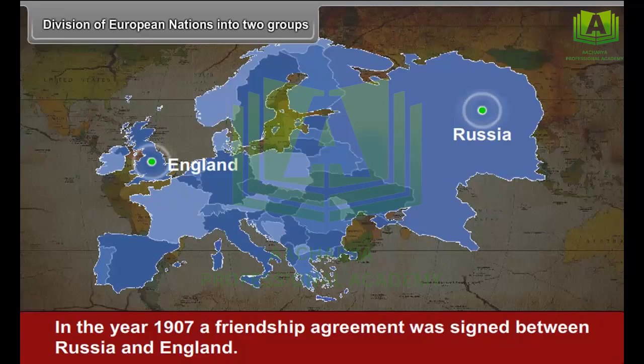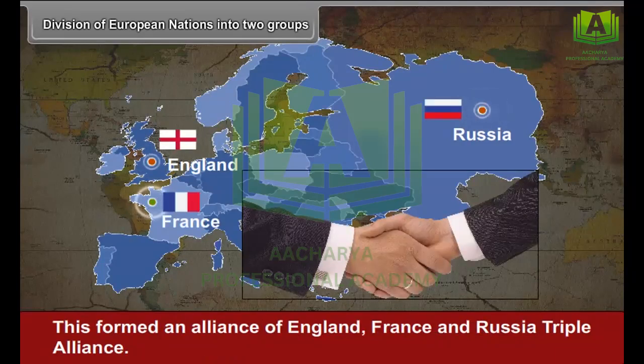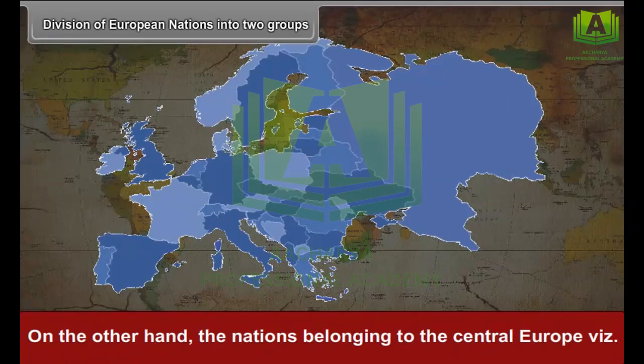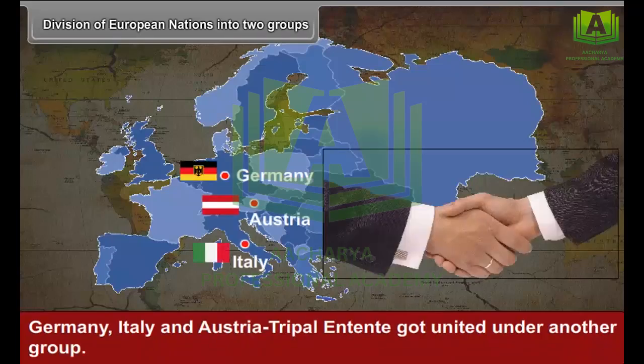In the year 1907, a friendship agreement was signed between Russia and England. This formed an alliance of England, France and Russia, the Triple Entente. On the other hand, the nations belonging to Central Europe, namely Germany, Italy and Austria, the Triple Alliance, got united under another group.